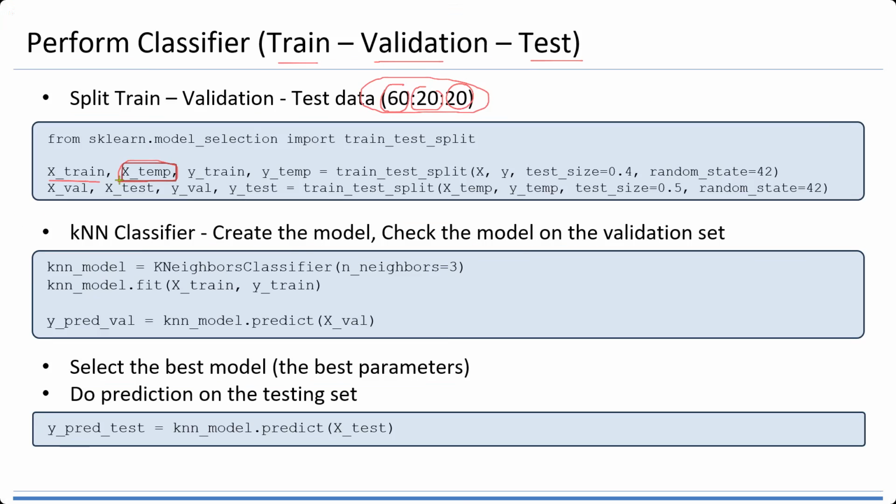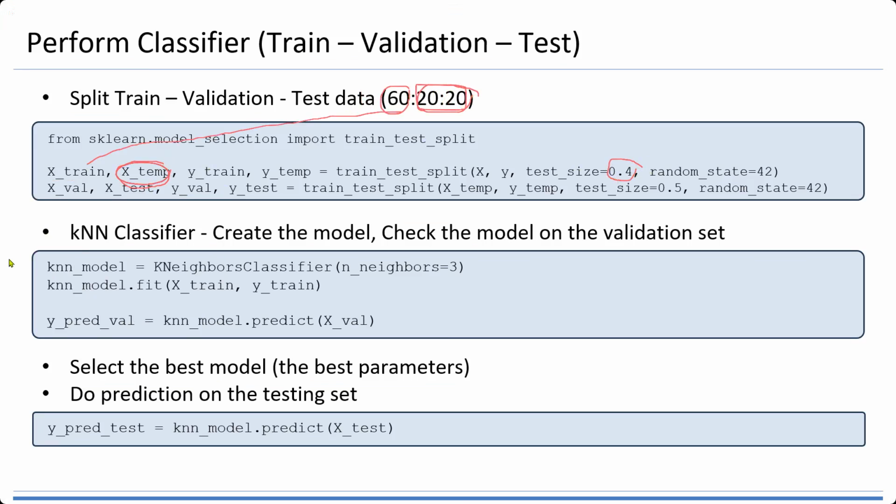The temp is the temporary. So let's assume that the training is 60% and the temp is 40%. Then the test size is 40%, and I put it into the X temp, the temporary.